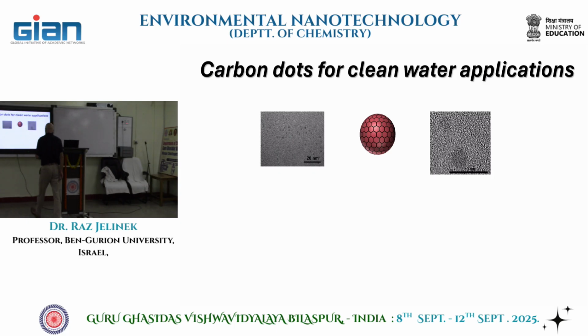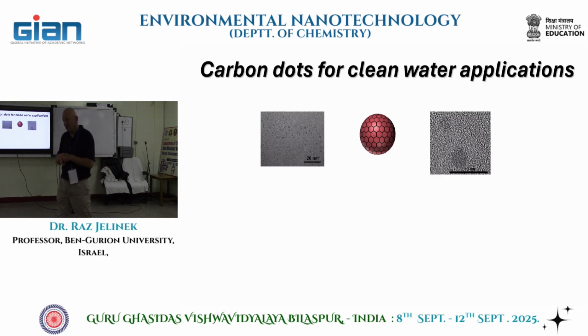So these are carbon dots. Basically, it's just like a ball made of these 6-member rings, just like graphene. Remember graphene? The graphene sheet? So carbon dots are basically little graphene particles.